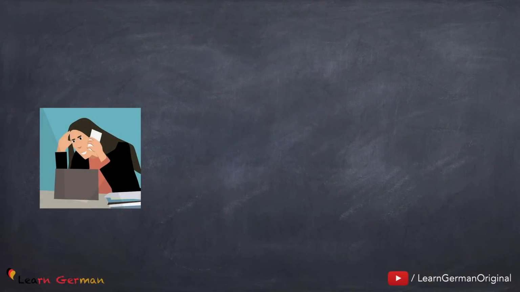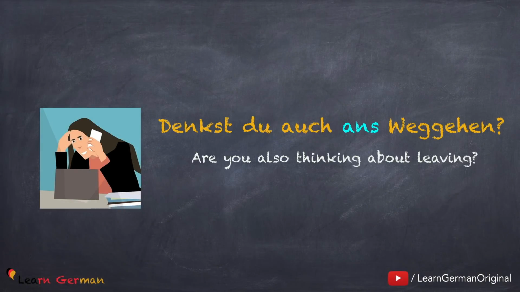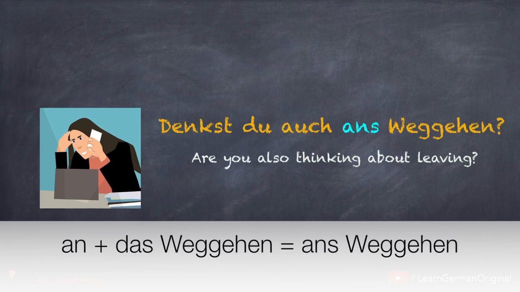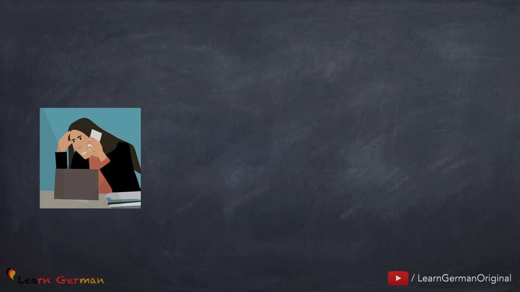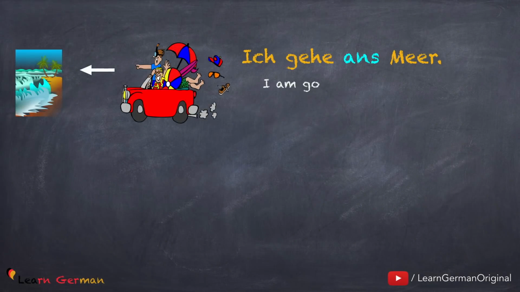And some verbs take some fixed prepositions. For example, denkst du auch ans Weggehen? The verb weggehen can also be used as a noun, Weggehen. In this case, the article is das Weggehen. So how would you differentiate between am and ans? Let's look at these two examples carefully.